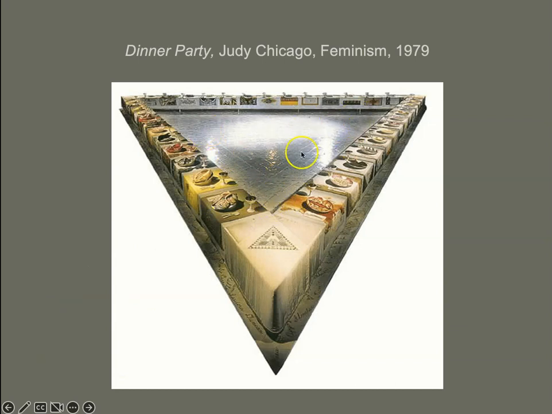The tile all have names of important females throughout history. Each one of these place settings is done for an important female in history and designed specifically for her. Then you have metal work with the chalices and the flatware. And then, of course, you have the fiber work with the tablecloths surrounding the large triangular table.